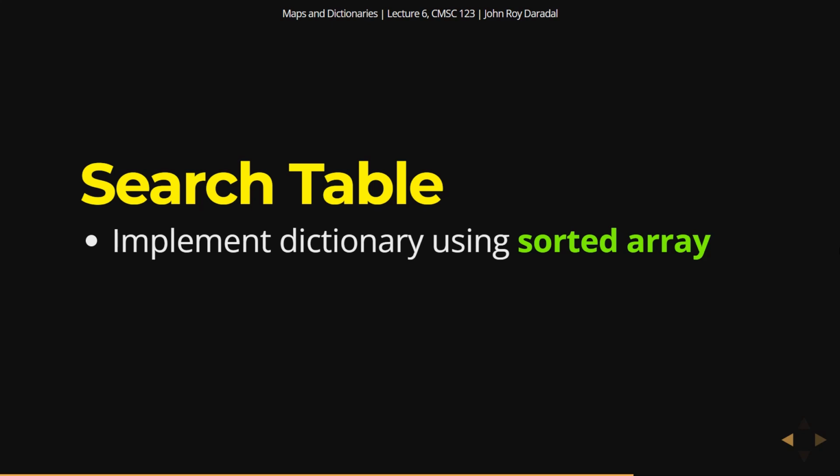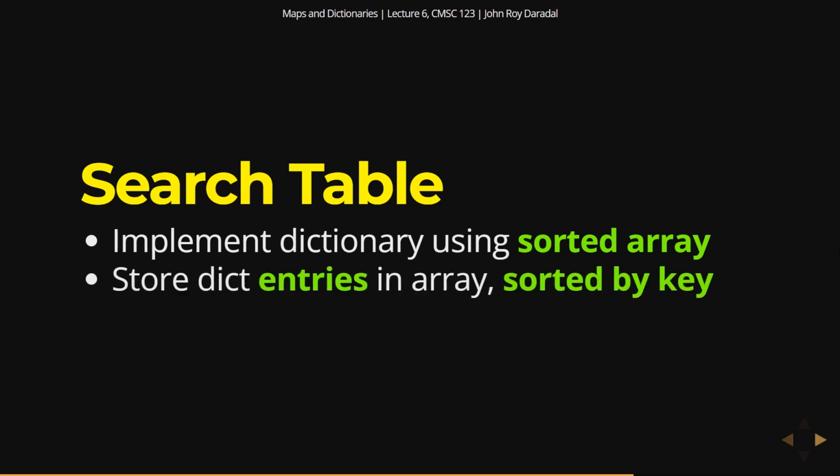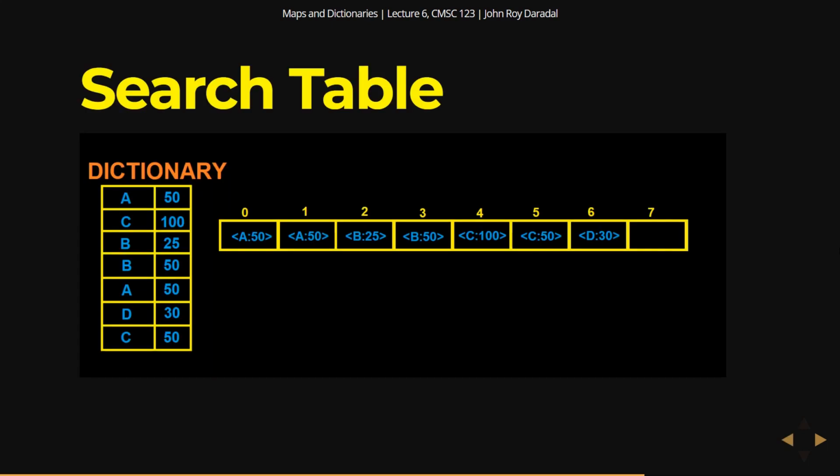Now, you can also use this for the map, but for it to be more general, we can just look at the dictionary here. So, the search table will be using a sorted array. We'll store the dictionary entries in the array, and while storing them, we need to sort them by their keys. Okay, so how will that happen?